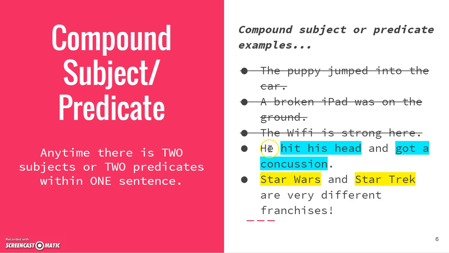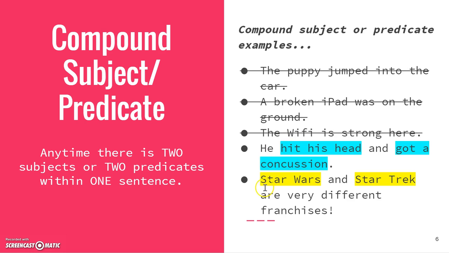But if I say that one guy both hit his head and got a concussion, he did two things. Therefore, we have a compound predicate, two of them. One person doing two things in one sentence.